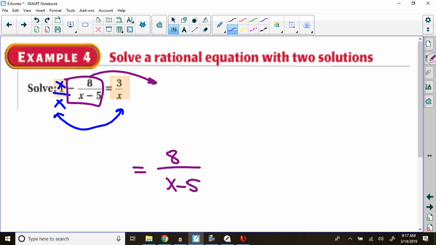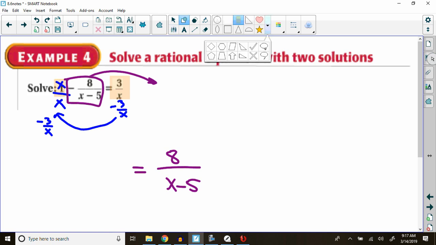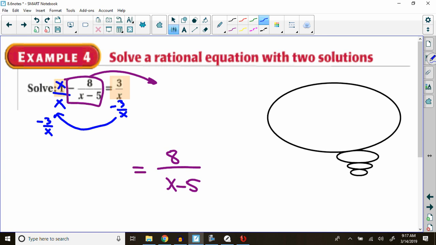So then to bring this 3 over x over to the left side, what am I going to be doing with it? Subtracting it, right? So I have x over x minus 3 over x. What is x over x minus 3 over x going to equal?